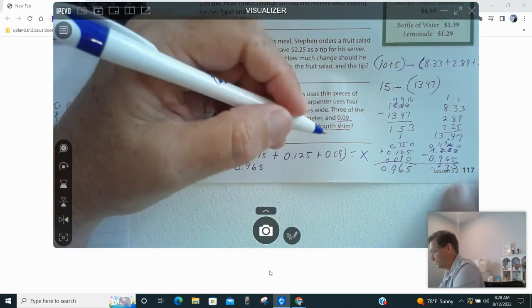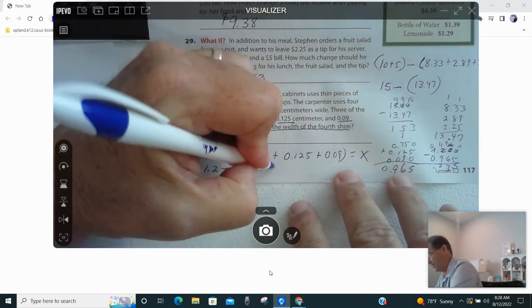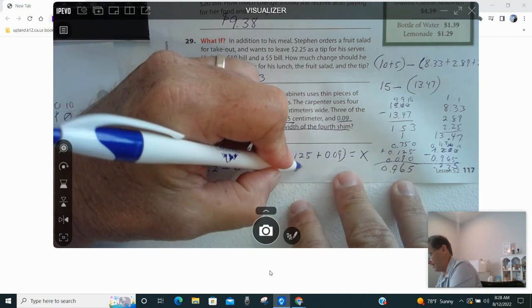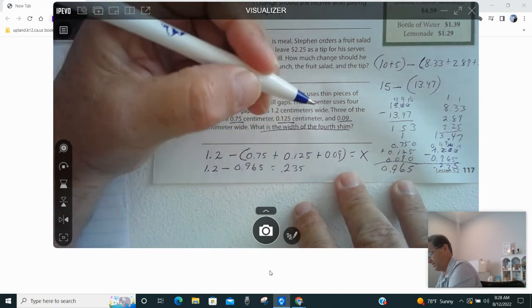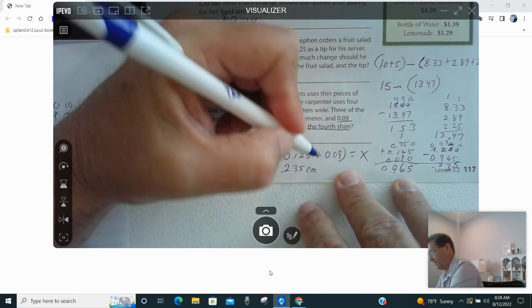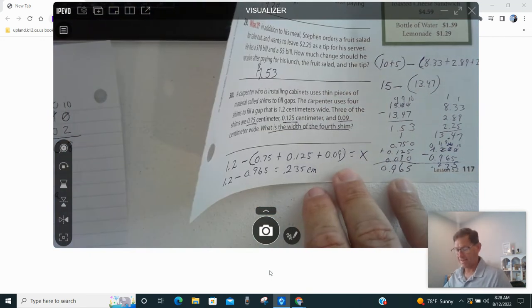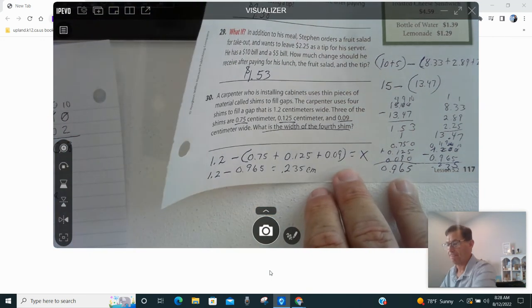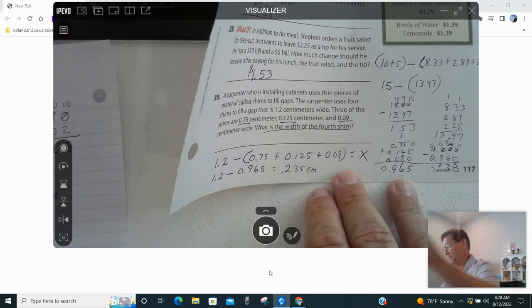So 235 thousandths centimeters is the last shim.